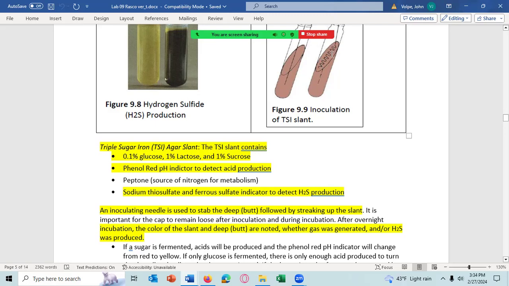And here we're growing the bacteria aerobically. And obviously, if the bacteria is growing aerobically and uses oxygen, then the butt would be very anaerobic. And then you compare the growth on the slant to the growth in the butt.